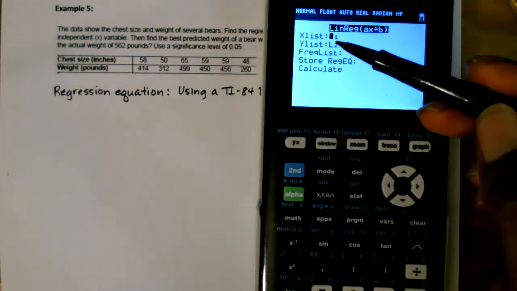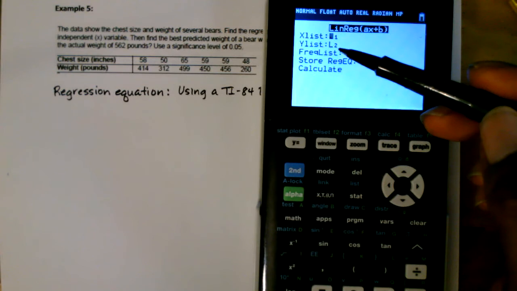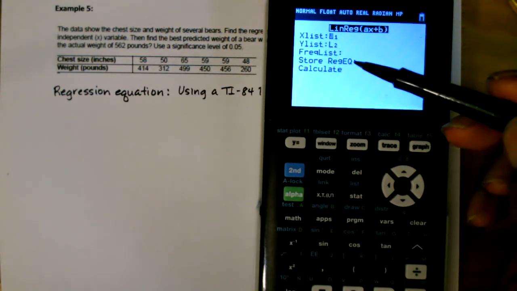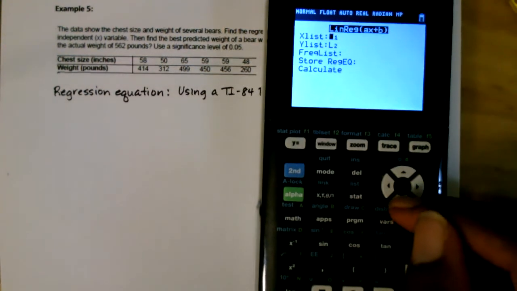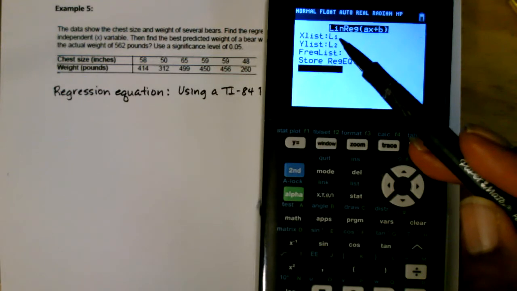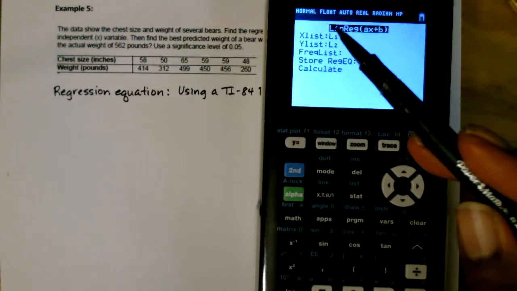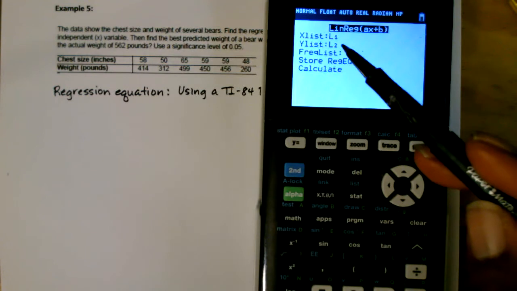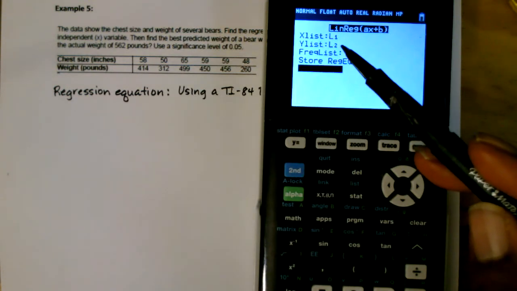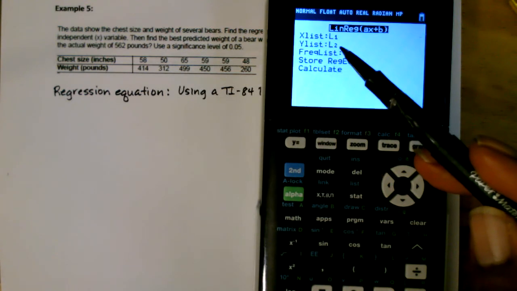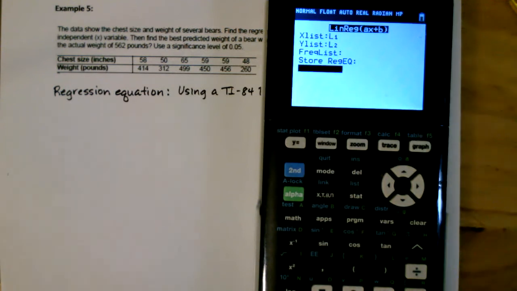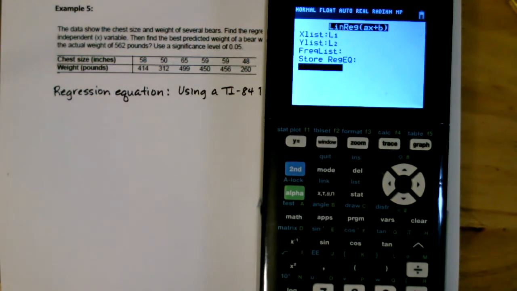Now, in this case here, your X list is L1, Y list is L2, frequency list, we leave that blank. This we don't worry about. We only go down to calculate. And again, you want to make sure your X list says L1. If it doesn't, then you have to do second and number 1 for L1. And if Y list says something else but L2, you want to make that L2 by doing second and number 2. Highlight calculate using your cursor, calculate.